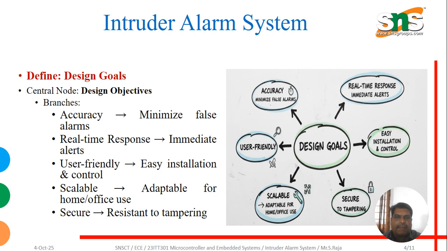It must be scalable, adaptable for any office automation, bank automation, or industrial automation. It must also be tamper resistant, so no one can tamper with the owner's security process. It should be easy to install and control in whatever area we need, and it should provide an immediate alert to the owner and also the nearby police station when an intruder comes. So these are the design goals.